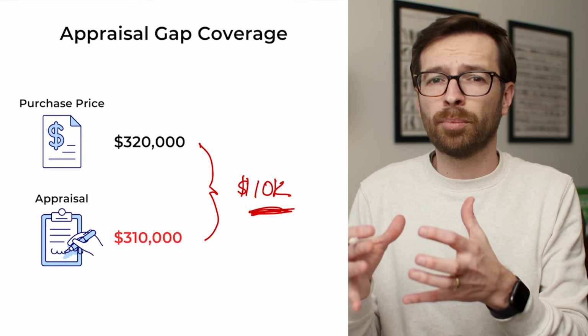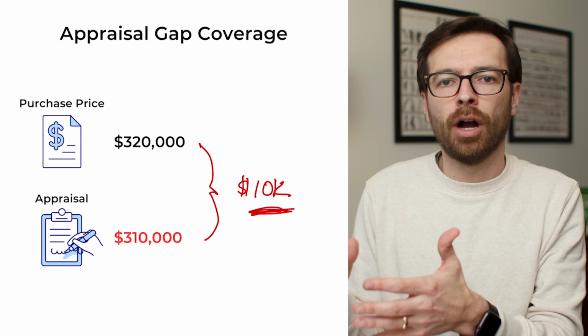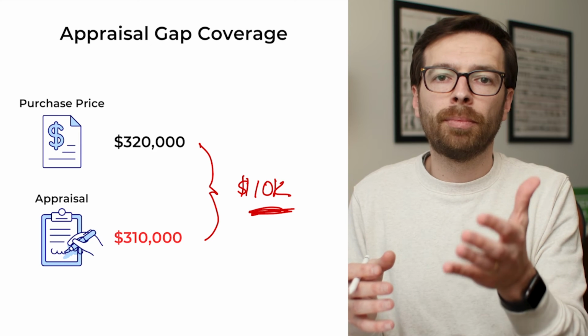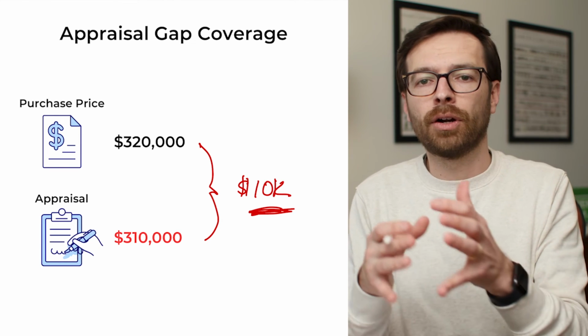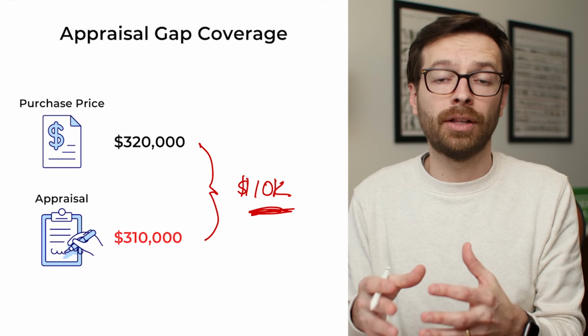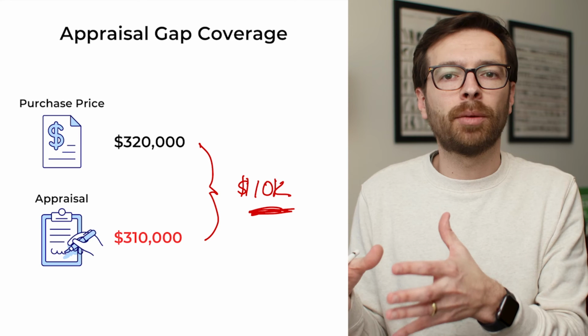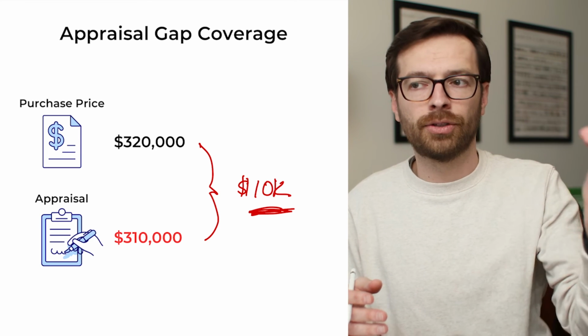So including an appraisal gap coverage addendum verbiage in your offer makes your multiple offer addendum, your escalation clause, stand out if there are other offers, because it's basically guaranteeing to the seller that no matter what the appraisal comes in at, they're going to be able to sell you the house at a certain amount.